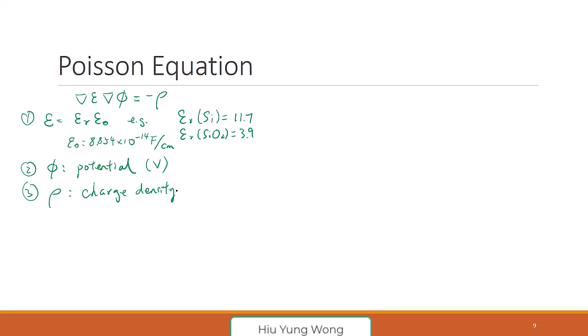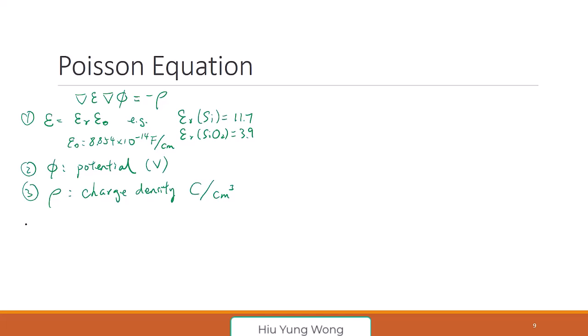What is the unit of charge density? Can someone tell me? The coulombs per centimeter cubed. Very good, right? So you may say meter cubed or whatever, but you know that it's charge per volume, okay? I hope you have this in your mind, right? Divergence is very complicated, right?